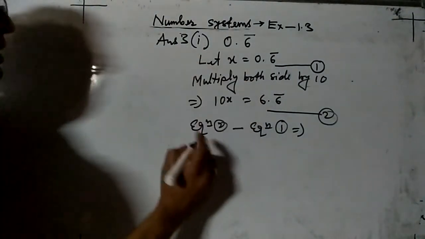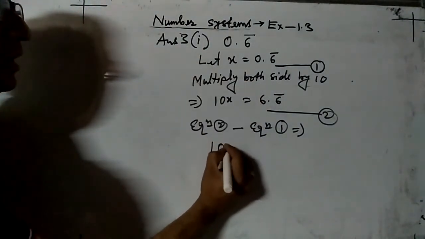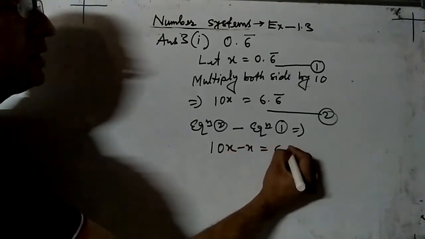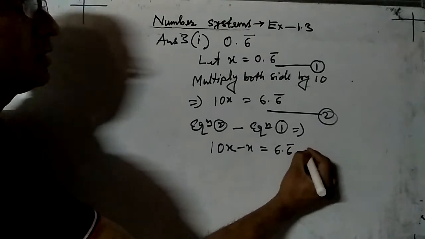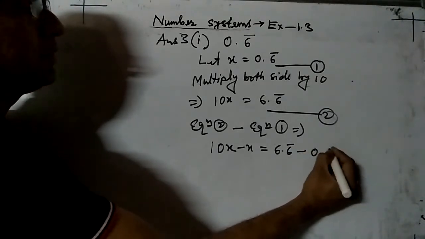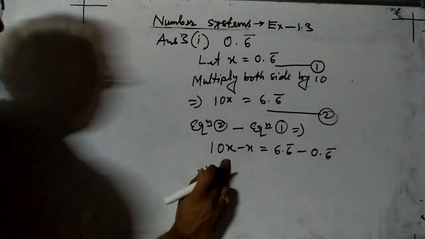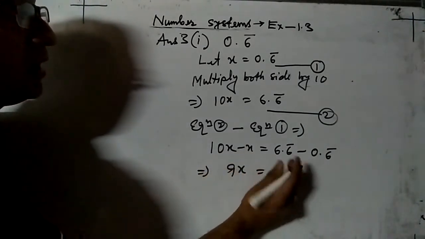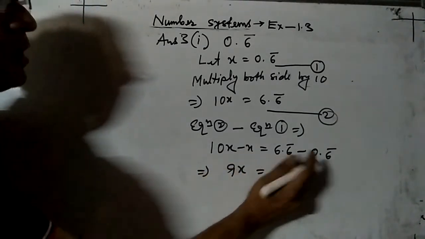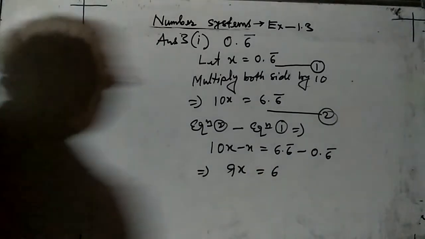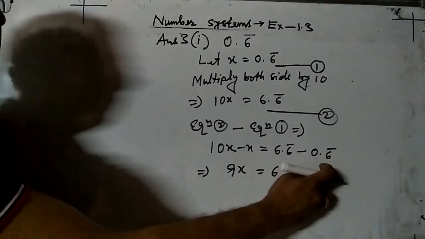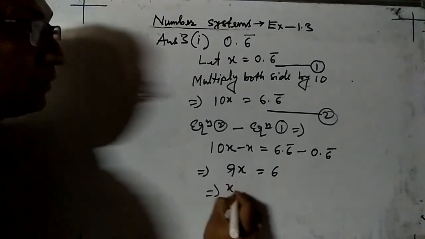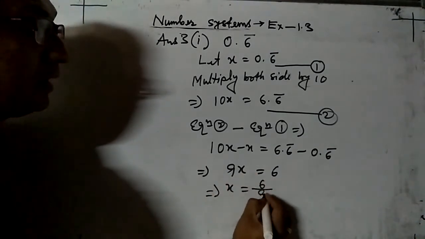So 10x minus x equals 6.6 bar minus 0.6 bar. Now 10x minus x gives 9x. 6.6 bar minus 0.6 bar will be 6, because 6 bar minus 6 bar is 0 and 6 minus 0 is 6. So we are getting x equals 6 by 9.